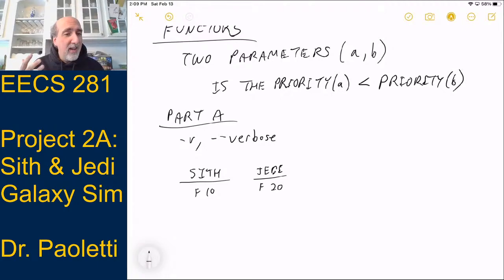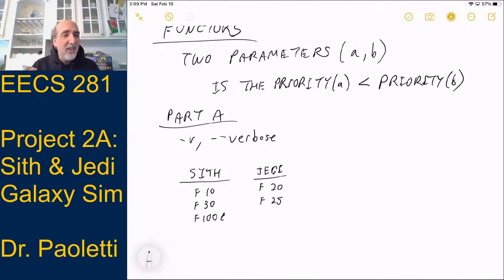So it's a matter of priorities if there are multiple Sith. Let's say there's a Sith with force 10, a Sith with force 30, and a Sith with force 100. If all three are there, the Sith with the highest force would fight the Jedi. Which Jedi? Let's say there's another Jedi with a force sensitivity of 25.